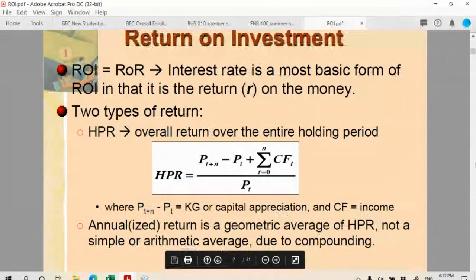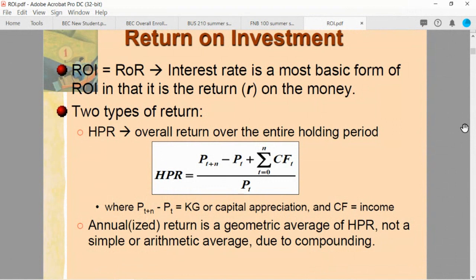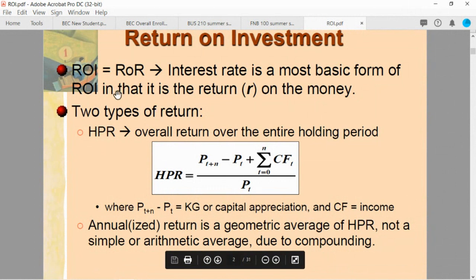Let me go back. This file is featured in the video, so you might wonder, what is it? The first thing we need to define is return on investment. What is return on investment?